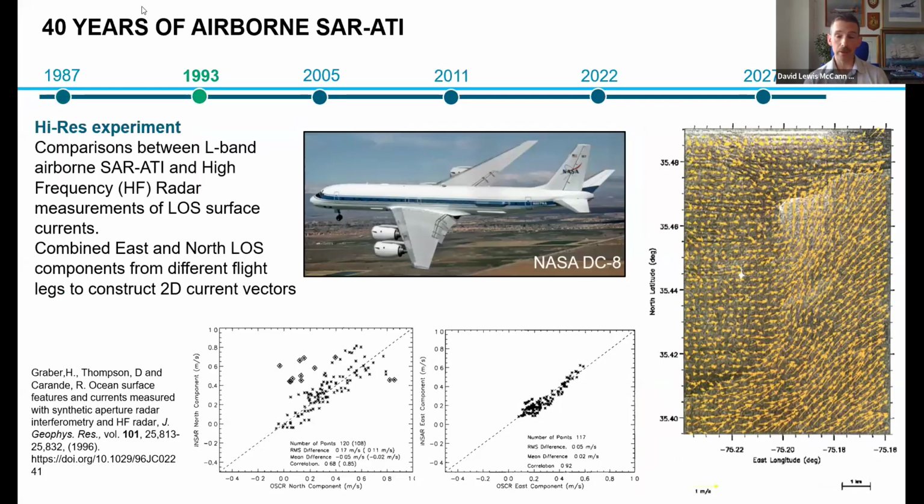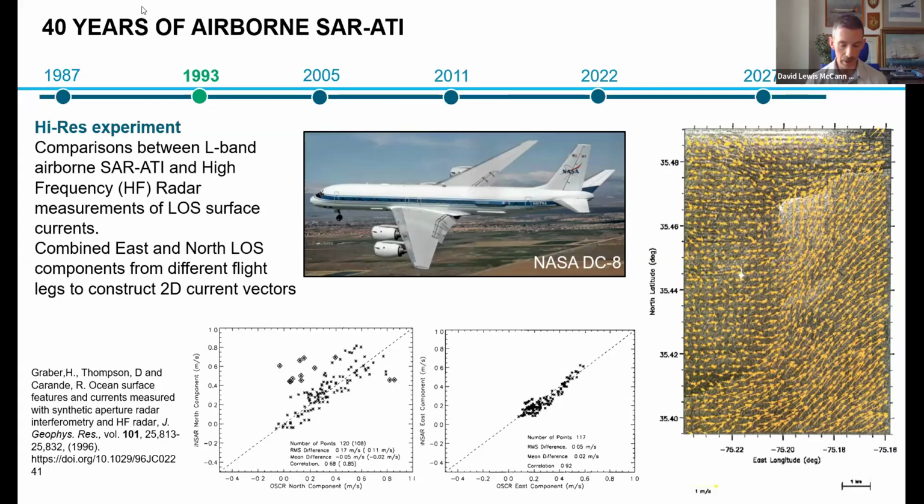And then in the 90s, there were a number of experiments, but quite an interesting one was the HiRes experiment, which flew a similar L-band array. I think maybe the same one, although I haven't been able to find out whether it was the same or just very similar, but an 18-meter array again on NASA DC-8.